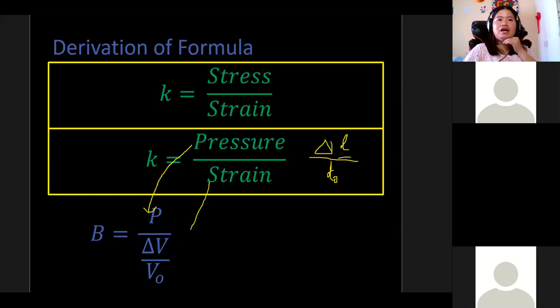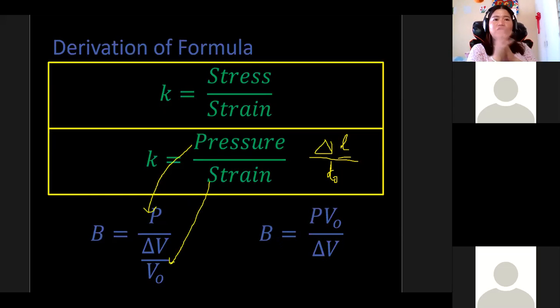So strain now is change in volume all over the original volume. Then you do the reciprocal, and this is what you will get, P V-naught over delta V. This is now the formula for bulk modulus.